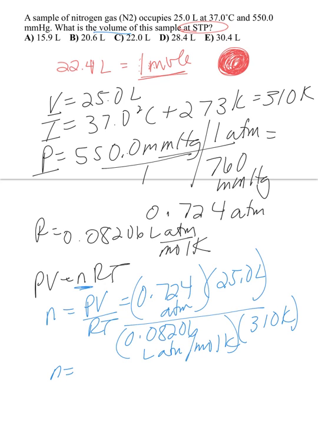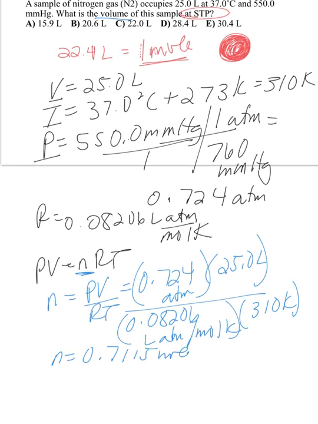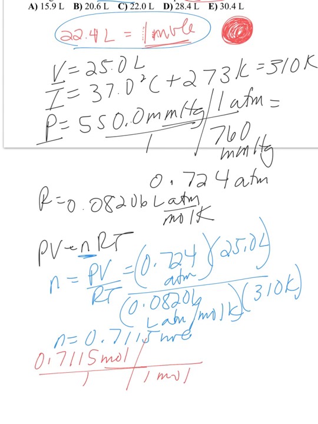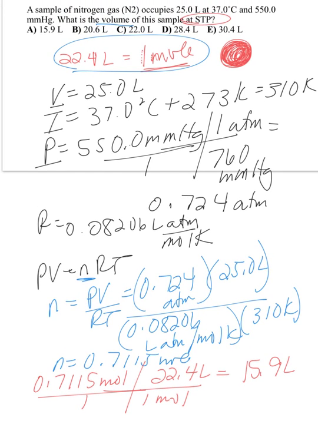That is 0.7115 mole. And then you use your conversion factor here. 0.7115 mole of gas. For 1 mole of gas, you have 22.4 liters. So you take that times 22.4 liters, and you get 15.9 liters. And that is answer A.